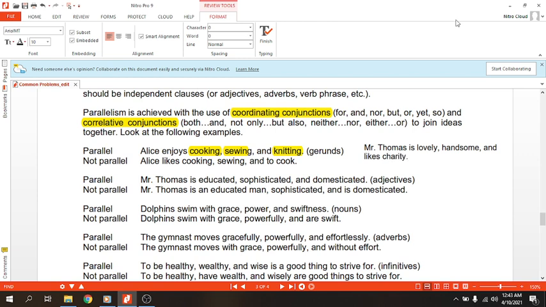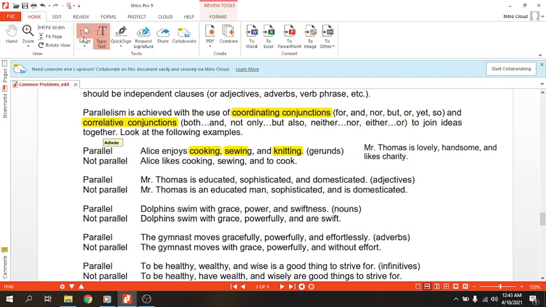Ya. Ini kurang tepat karena it's not correct because you have and here, so you have to use lovely is adjective, handsome is adjective, so you have to use adjective also here.